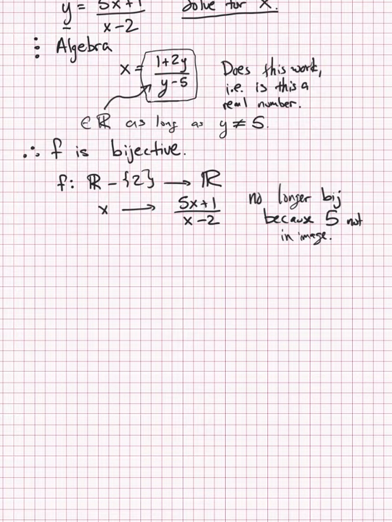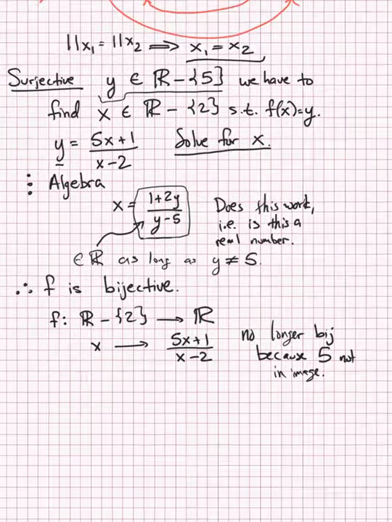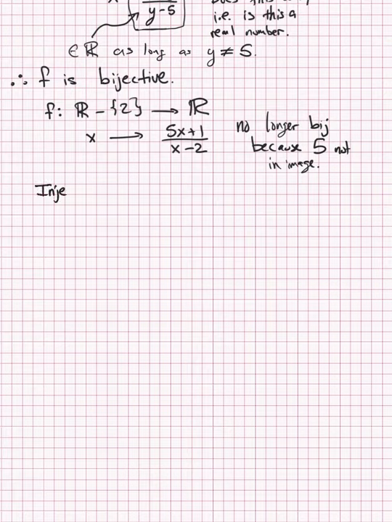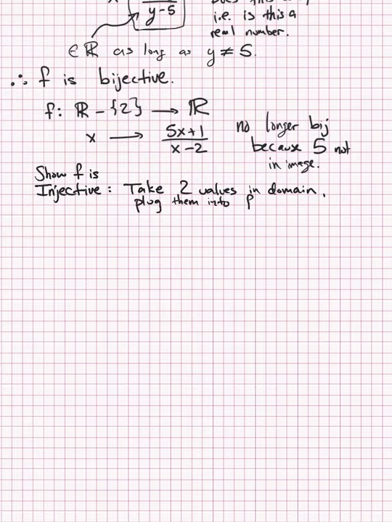Okay, so the same setup works for all injective and surjective functions, so maybe I'll just write it. If you want to show a function is injective, well, you take two values in the domain, plug them into f, and show that if they're equal, then you actually started with the same value.